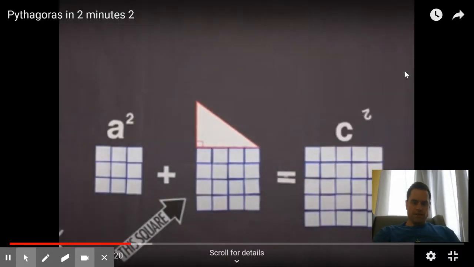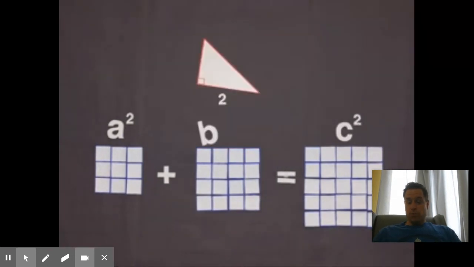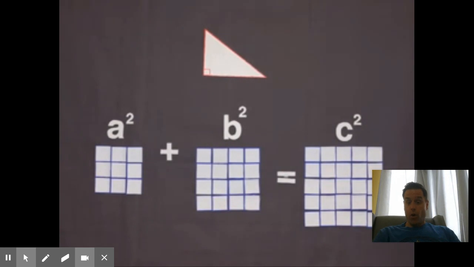You can see this is A and this is B, and if you square it, A squared plus B squared, these squares here will always equal the longer side squared.